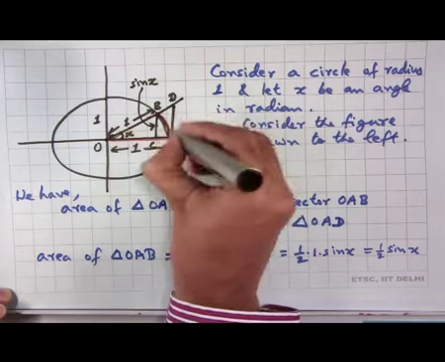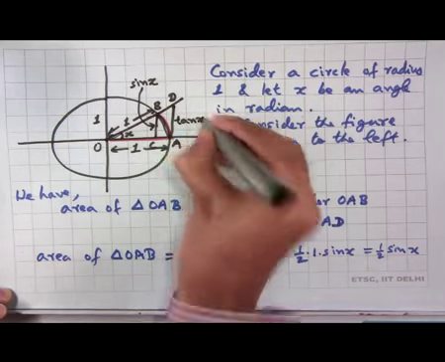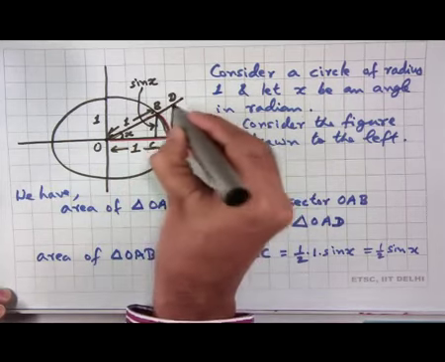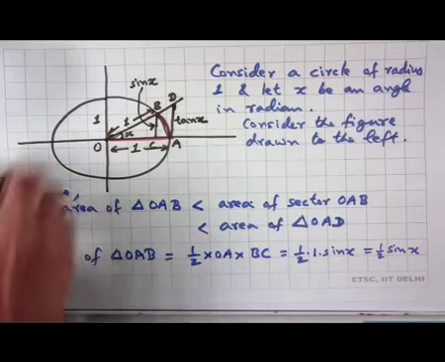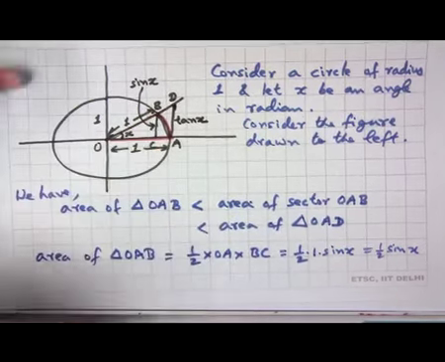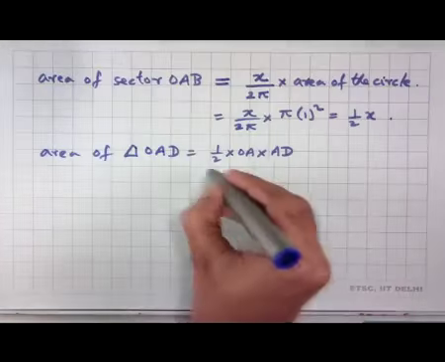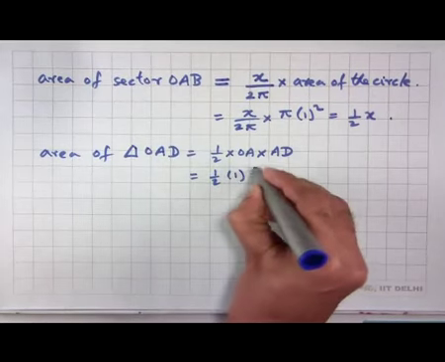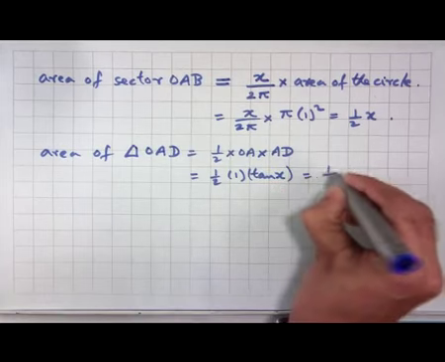In this triangle OAD, this base is of length 1. So, this opposite side is of length tan x. So, this is half times OA times AD, that is half times 1 times tan x. So, this is half tan x.